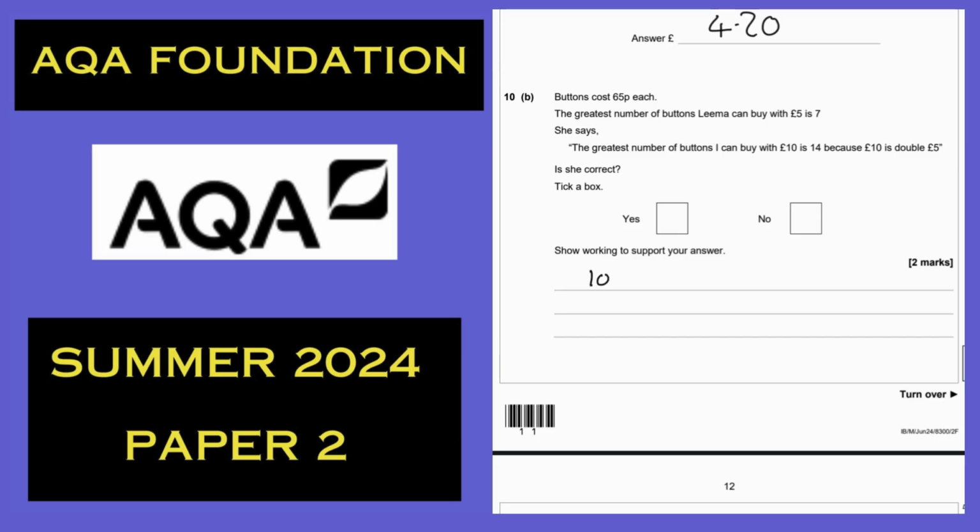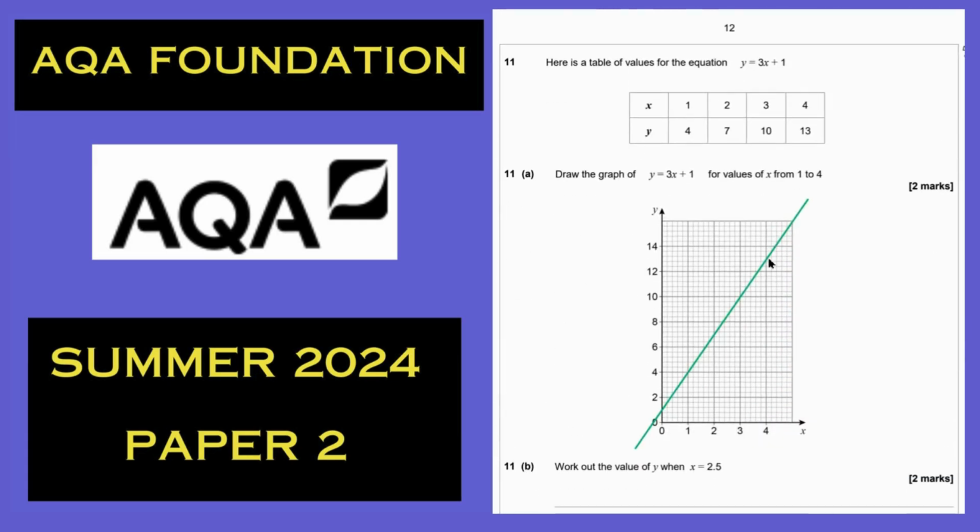Let's take the £10, divide it by, turn the pence into pounds, we get 15.3, etc. In other words, for £10, 15 buttons can be bought. She says the greatest number is 14. Is she correct? Nope. Show working. I have done. On we go.